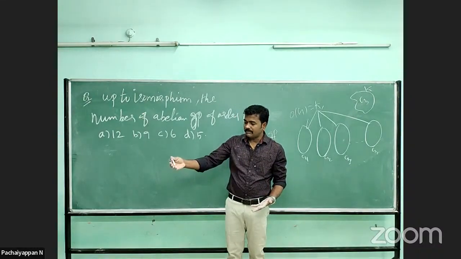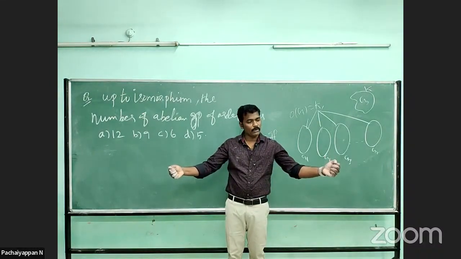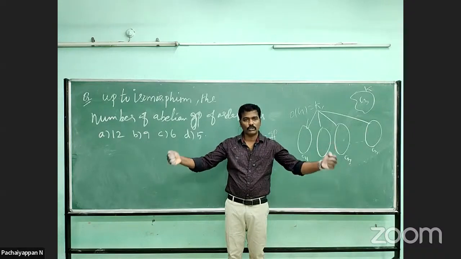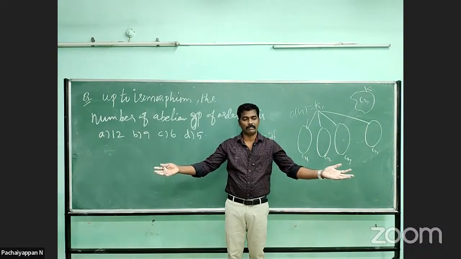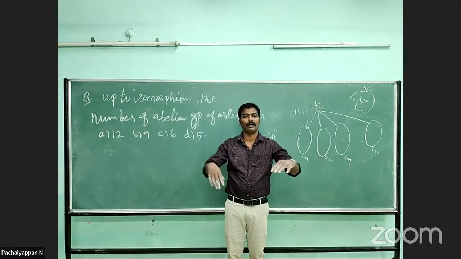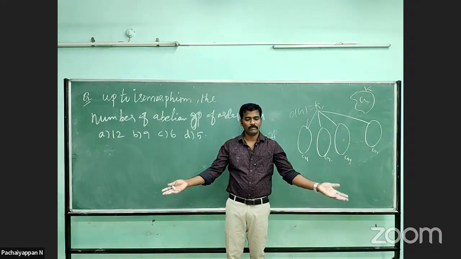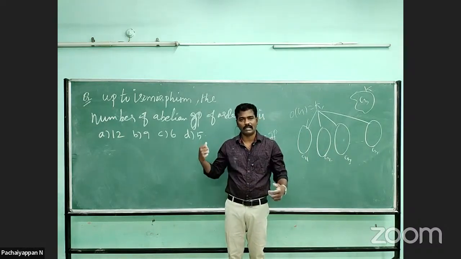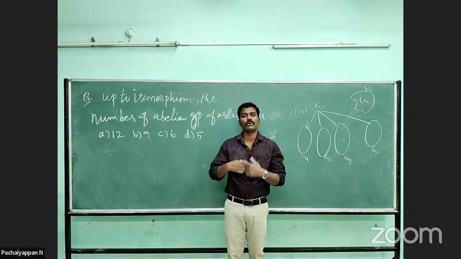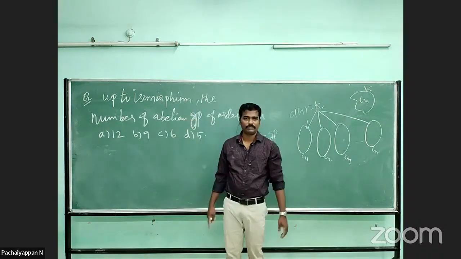Suppose there are groups of order K, both of order K, but they could be isomorphic or non-isomorphic. We don't know. If they are non-isomorphic, then we can count them. So non-isomorphic means up to isomorphism.